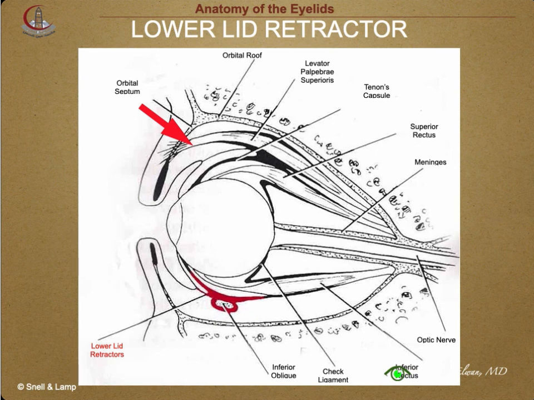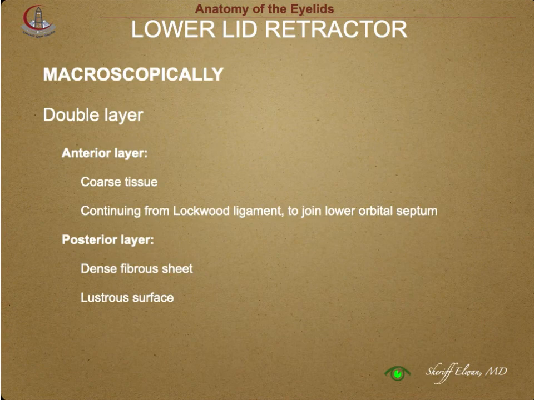It is an extension from the fibers around the inferior oblique that extend to become inserted into the lower fornix and the lower tarsus. This structure macroscopically is double layered.